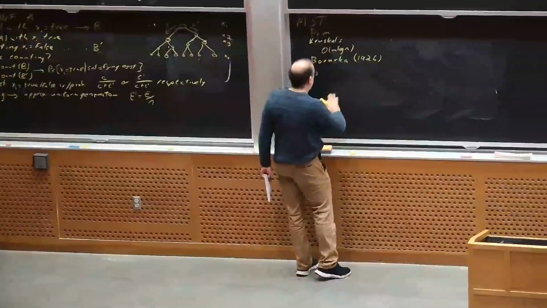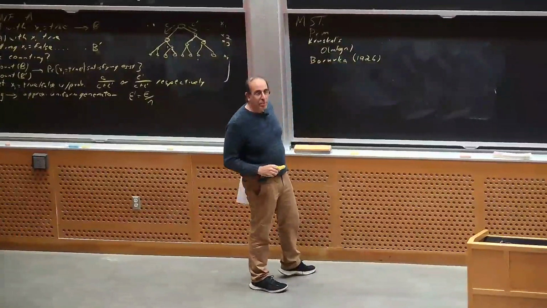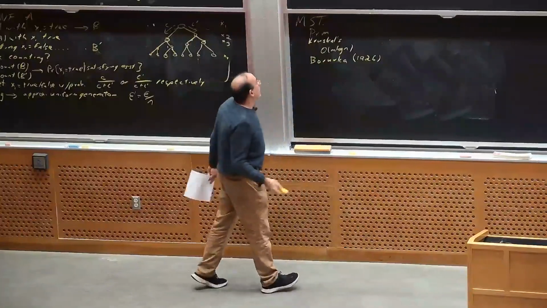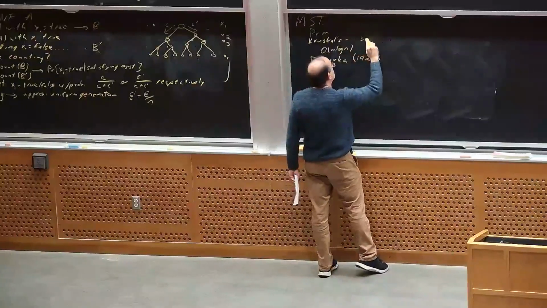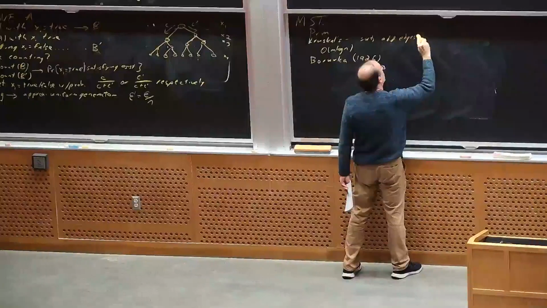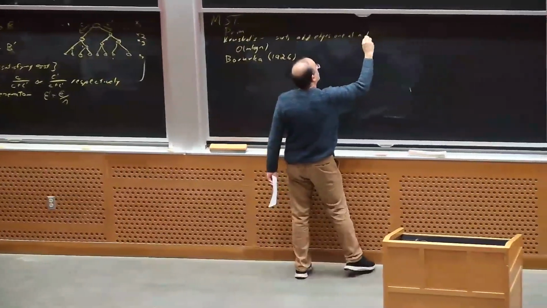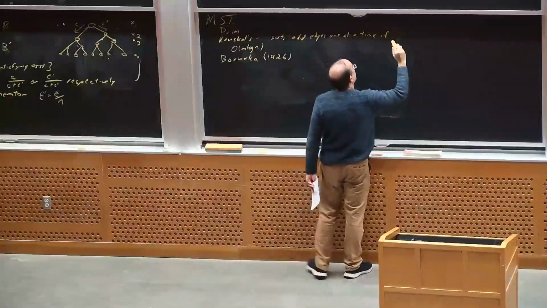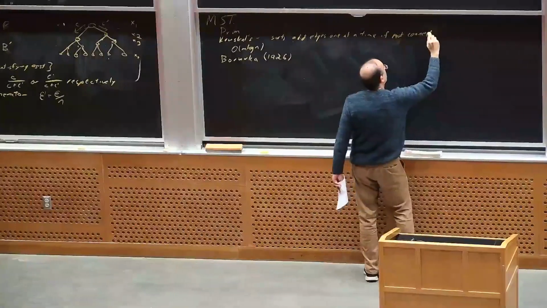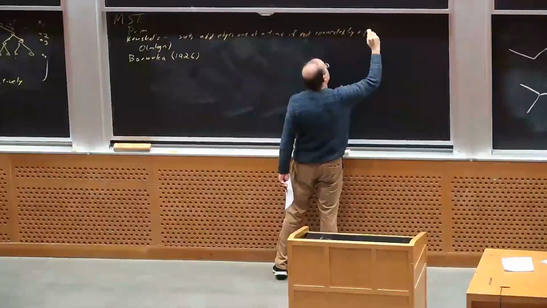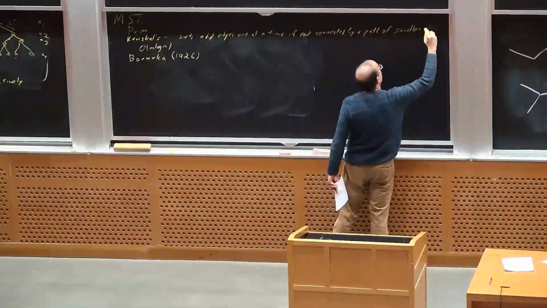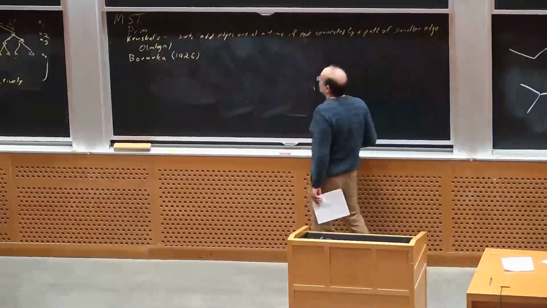I don't need to say a lot about Prim's and Kruskal's algorithm, and I assume that you remember them, right? I will mention that Kruskal's is based on sorting and then adding edges one at a time if they are not connected by a path of smaller edges, right?